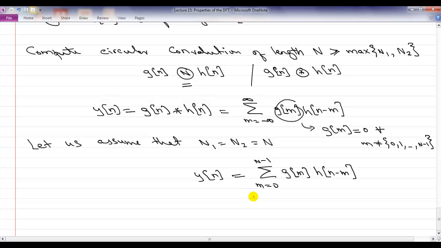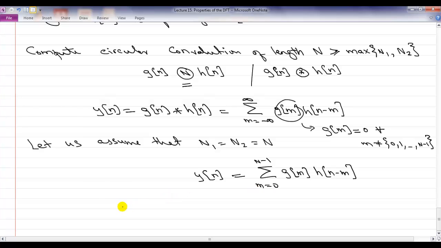Now in this case, we all know that if you convolve two sequences of length n, the length of their linear convolution is always greater than the length of both the sequences.